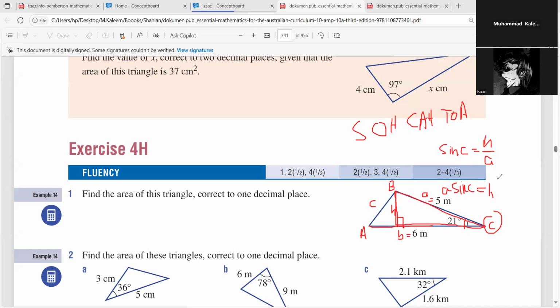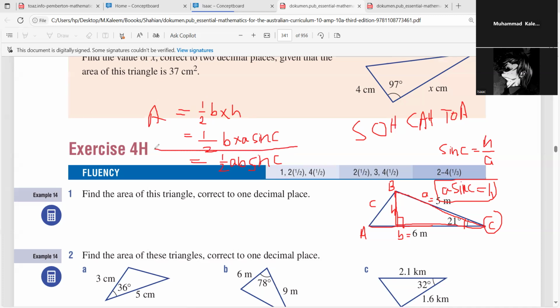So when I get the height, I need to multiply this height with the base and divide this by 2. That will be the area of the triangle. In the simplest form, we say b times a sine C, in other words 1 over 2 AB sine C. This formula will be used when two sides and the angle between them are given.